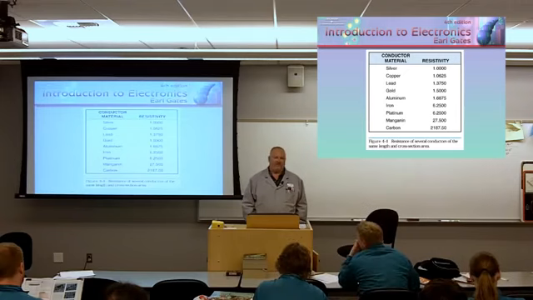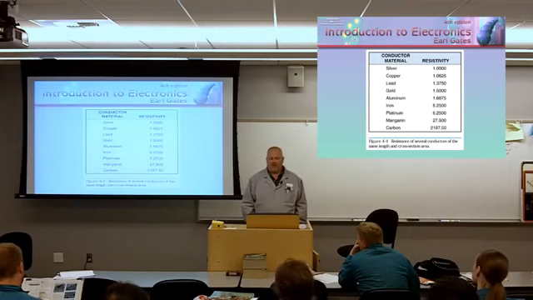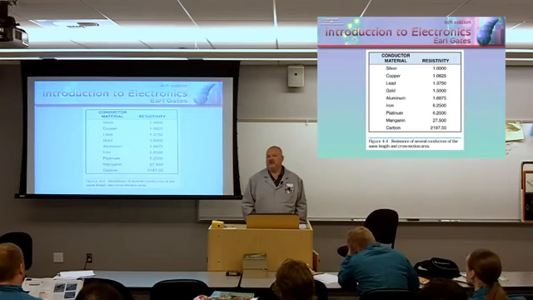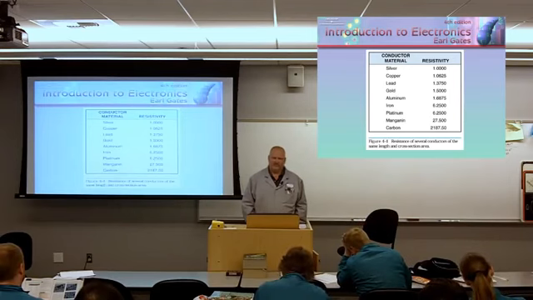Gold, 1.5. And you can see the rest of the table there. This compares the resistivity of all materials. So silver has the least resistance, it's the best, so therefore it has a resistivity we use as a benchmark of 1.000. So do you understand the difference between resistivity and resistance? Resistance is measured in ohms. Resistivity compares everything to silver.